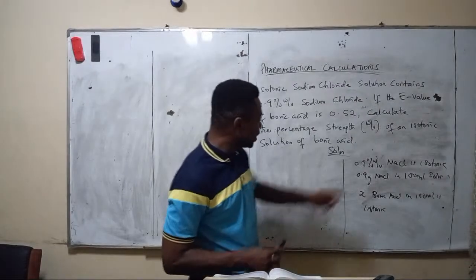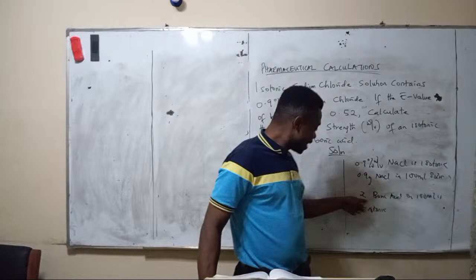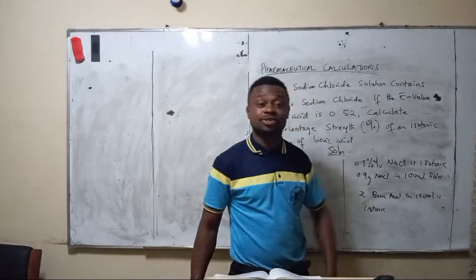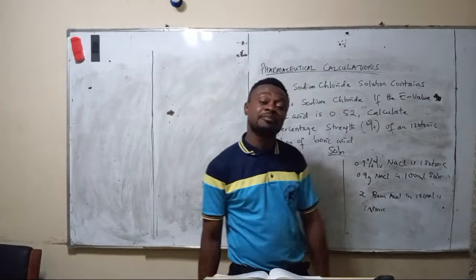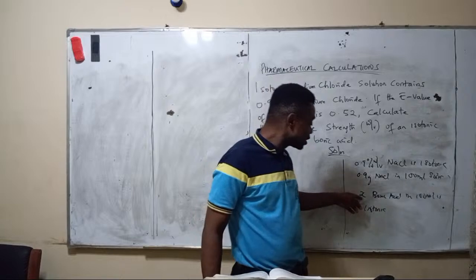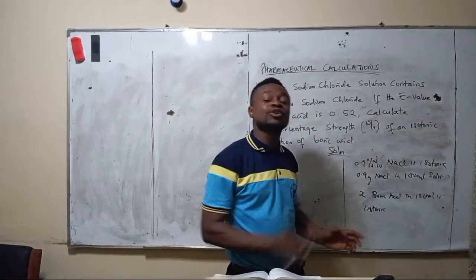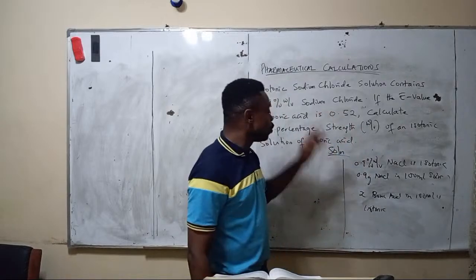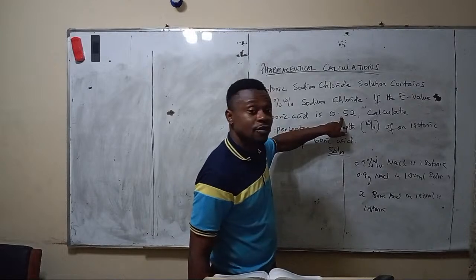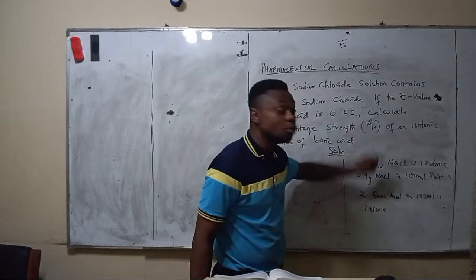So if 0.9 gram of sodium chloride in 100 ml is isotonic, X gram of boric acid in 100 ml should also be isotonic. What is that X gram of boric acid? The only thing we can do here is simply use the sodium chloride equivalent of boric acid, which is 0.52, to convert this sodium chloride to boric acid.